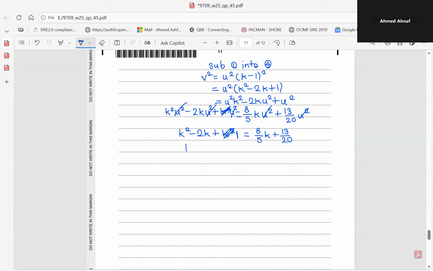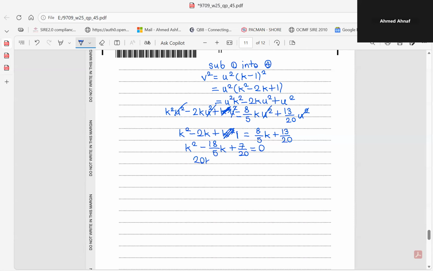Okay, so this is k squared minus 2k minus 8 over 5 k. That's going to be minus 18 over 5 k. 1 minus 13 over 20, which is plus 7 over 20. So it's equals to 0. So multiply by 20 on both sides.